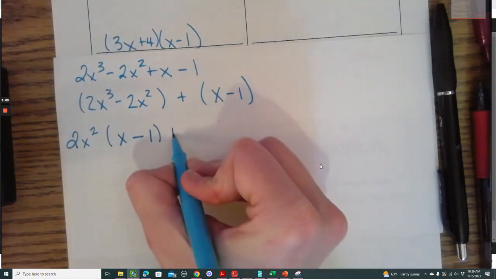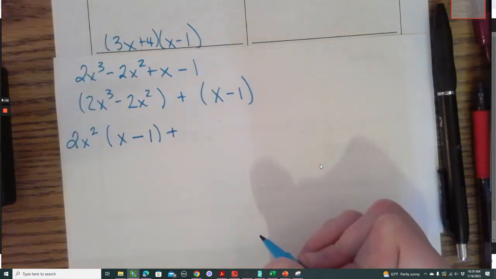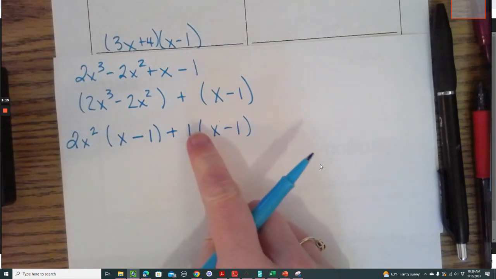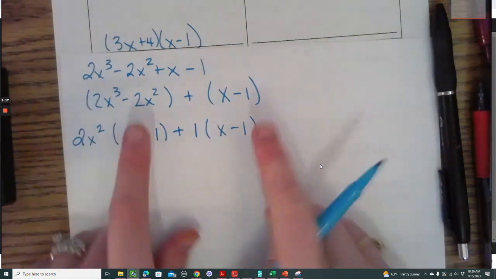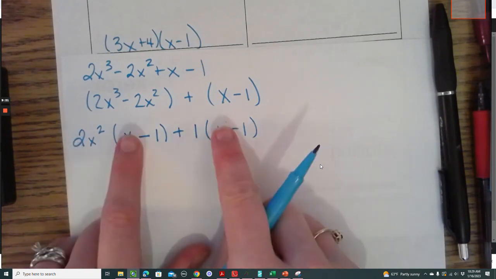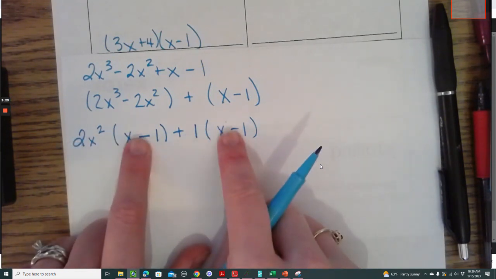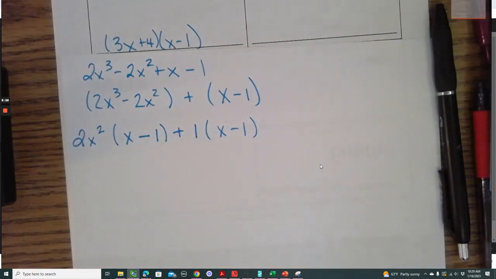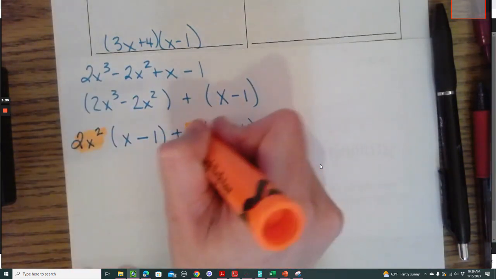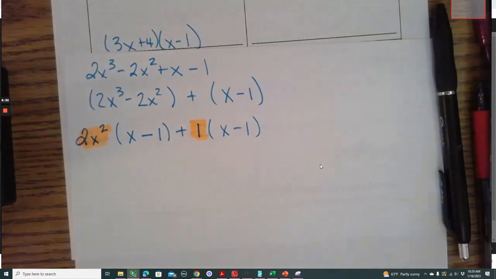Now, there's nothing I can factor out of here, but there's still an invisible 1. I need that invisible 1 there because once you get either what you factored out the same or what's left over the same, you make another set of groups. So this goes with this, okay?